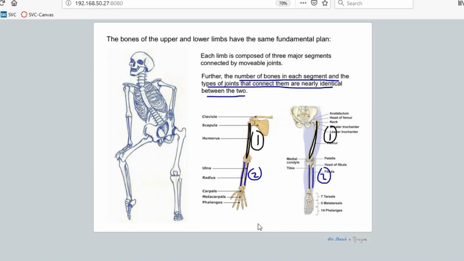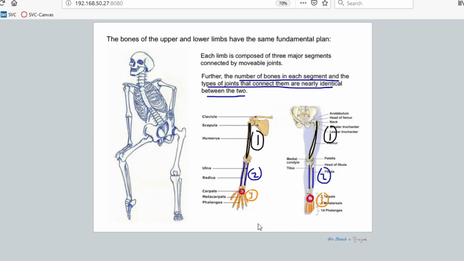Then we have a set of wrist bones. Over here we have a set of ankle bones. And then we have the fingers, or the phalanges, and then in the foot we have the toes, or the phalanges. And so the number of bones between each of these segments is nearly identical as well.